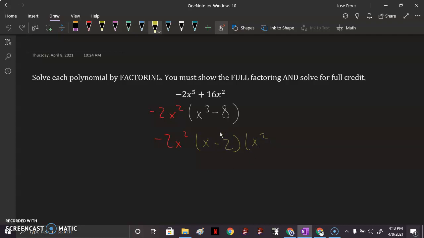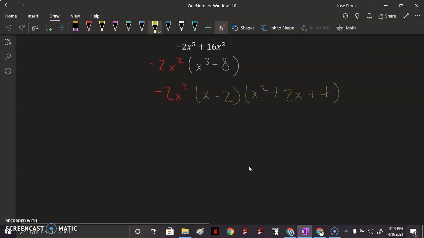Now x times y is, well, the opposite, x times y but the inverse, so it'll be 2x, and then it'll be y squared, which is plus 4. And we're done with the polynomial factoring, but now we're going to try to solve for zeros.